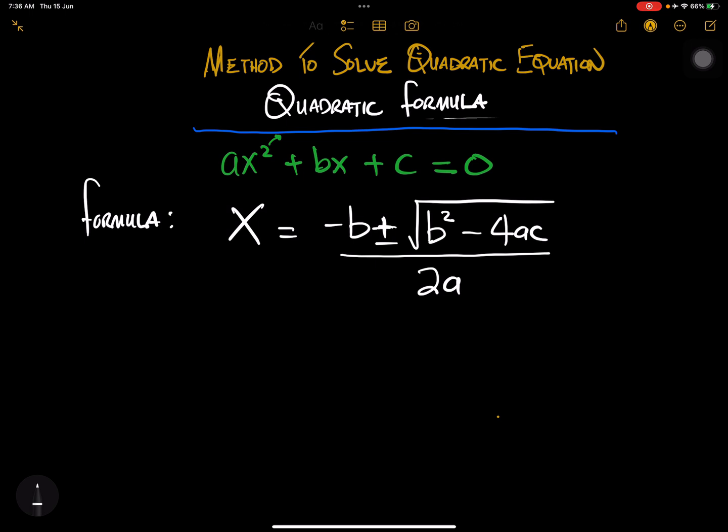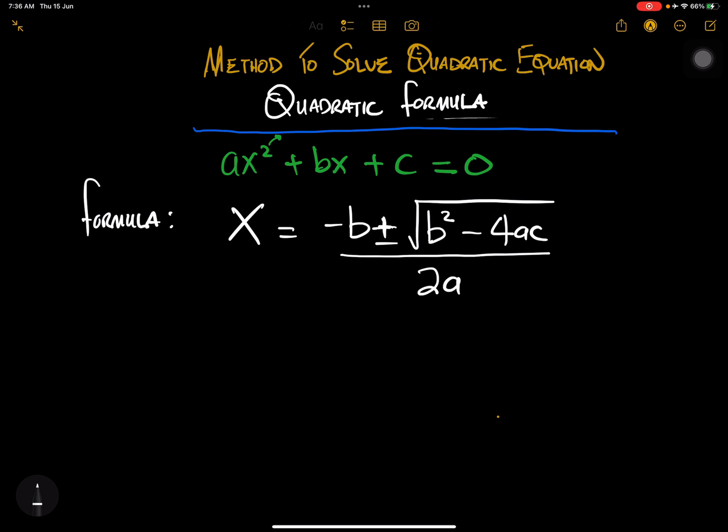So this is the formula. In certain countries, they might provide you with a cheat sheet with some formulas going into the exam room, so you don't need to memorize this. But depending on the kind of exam you're taking, you need to find a way to memorize this formula. It's called the quadratic formula: x equals minus b plus or minus the square root of b squared minus 4ac, divided by 2a.